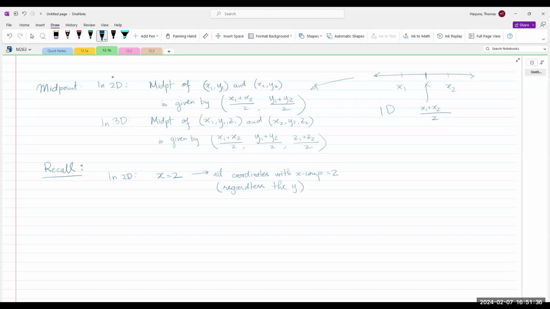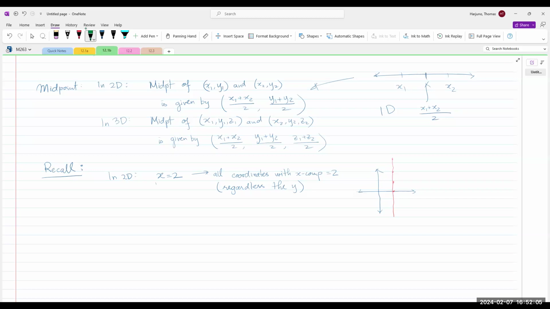So when we graph x equals 2, you pick any point with x equals 2, and then you connect the dots, right? Okay. Another way to look at that is the following.